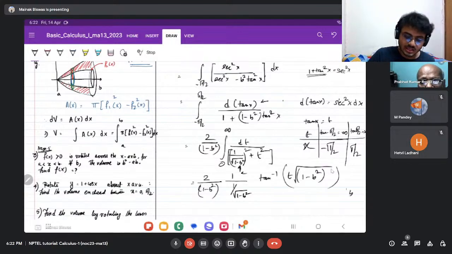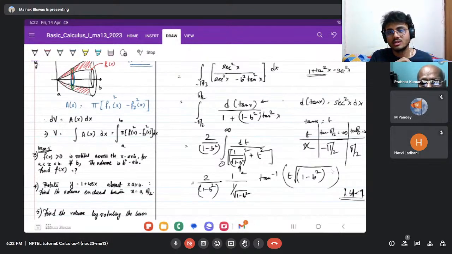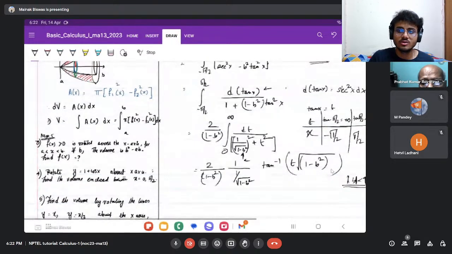This is why b is given between 0 and 1. You understand now, right? Mod b is given less than 1, because the integral is not valid otherwise. It's not integrable. This is why mod b is between 0 and 1.